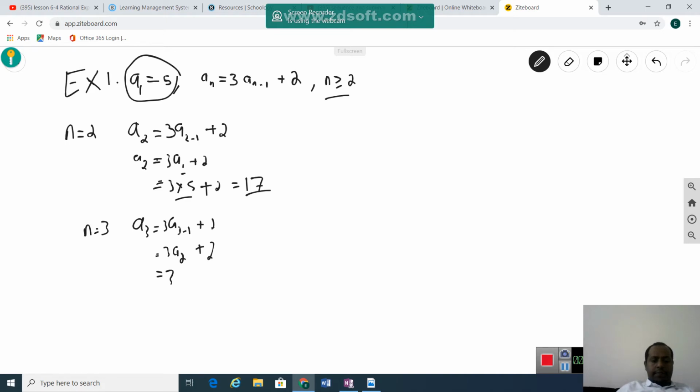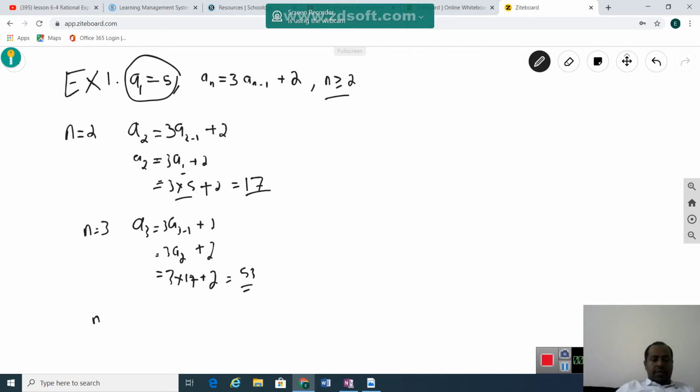The second term is 17, plus 2. 3 times 17 is 51, 51 plus 2 is 53. This is the third term of the sequence.